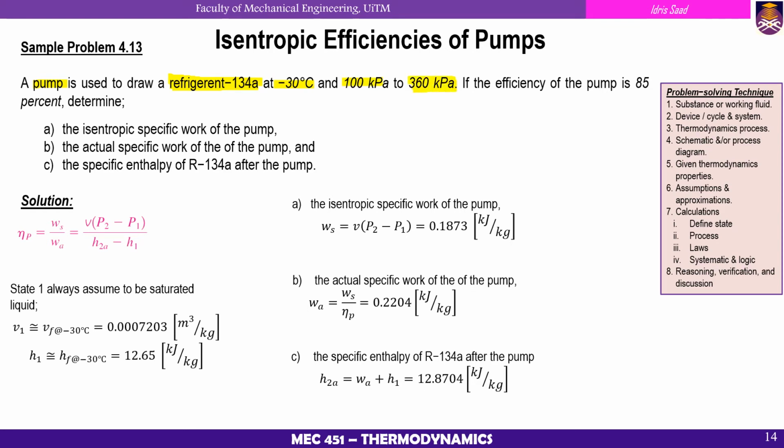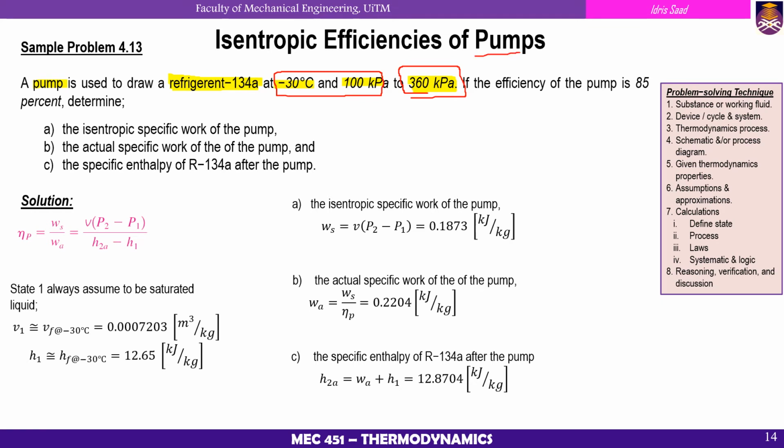If you see a thermodynamic problem, either in the test, the assignment, or the final exam, normally we give the data: one is complete data, two intensive properties, and the other one is only single. So you have to find another property in order to define the state.